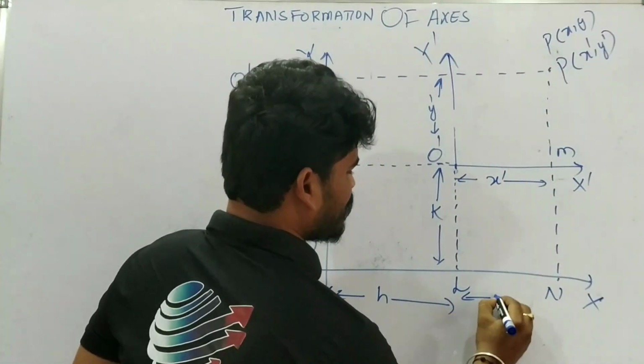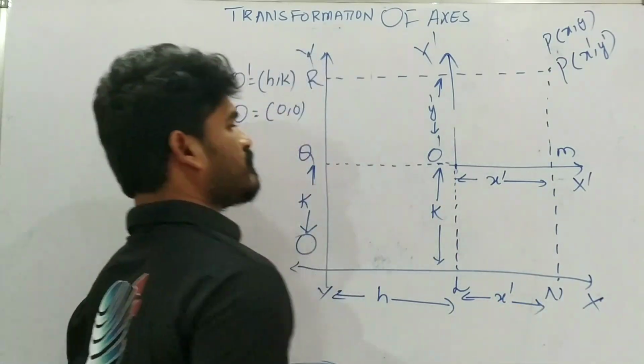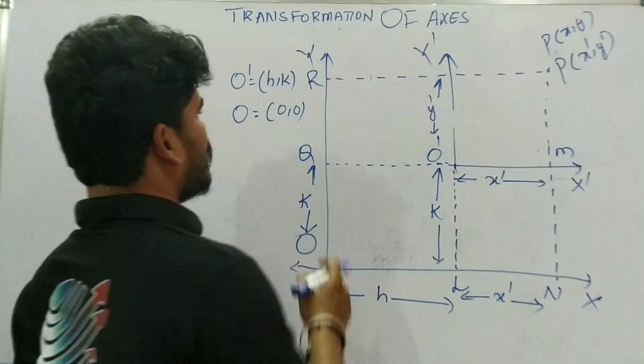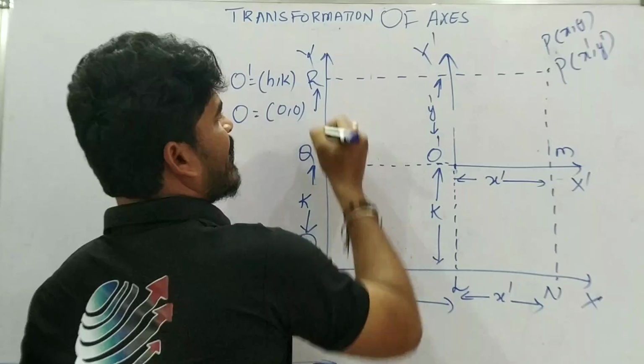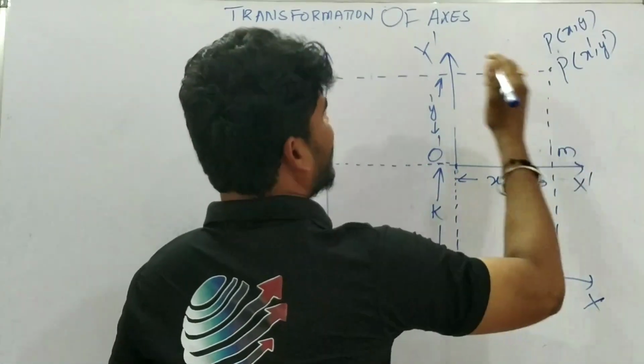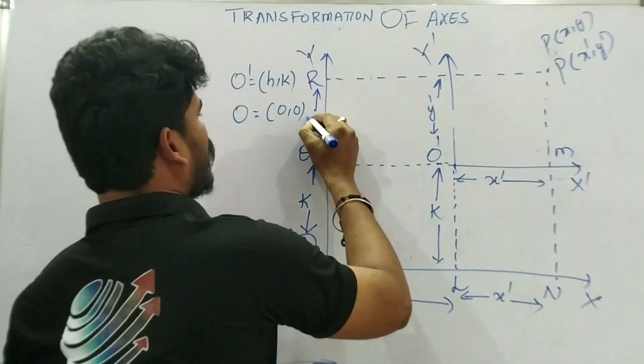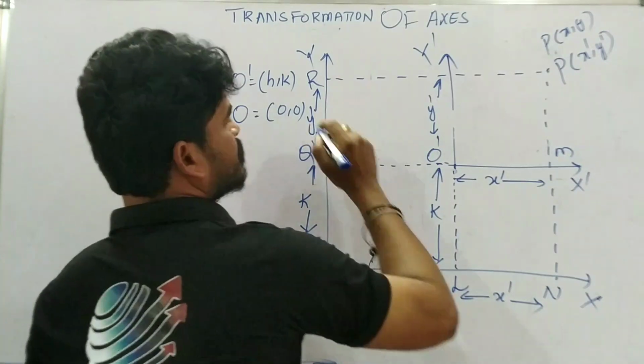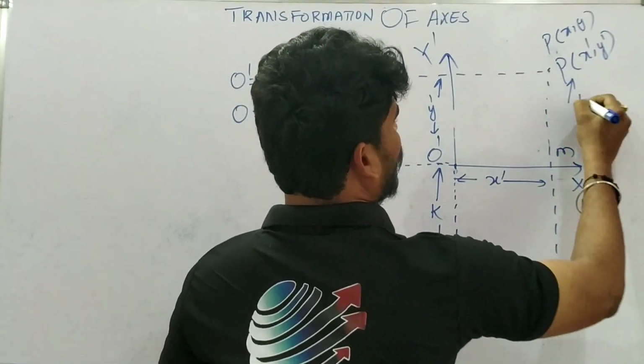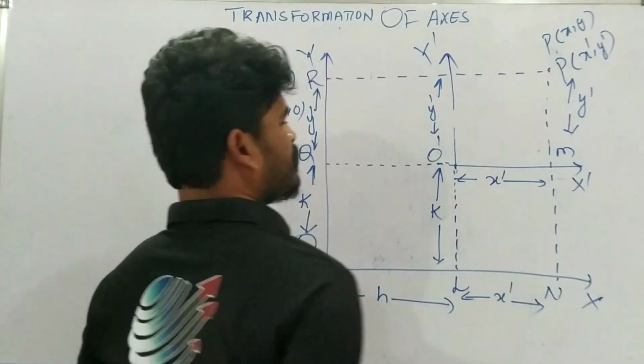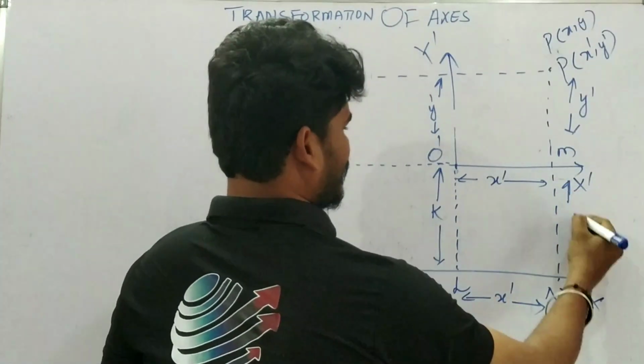This one is also x dash, and this one is y dash. So this length is also y dash, and this length is k.